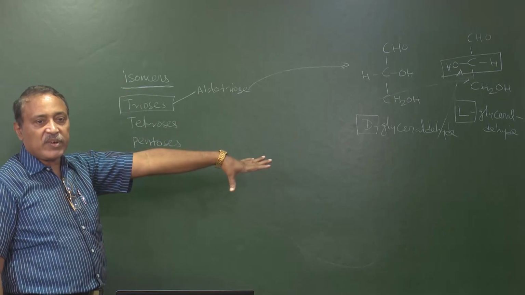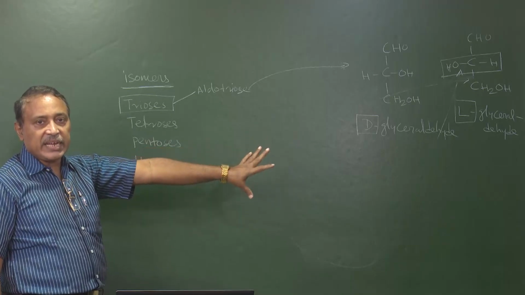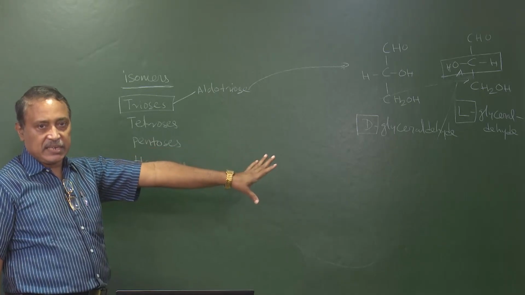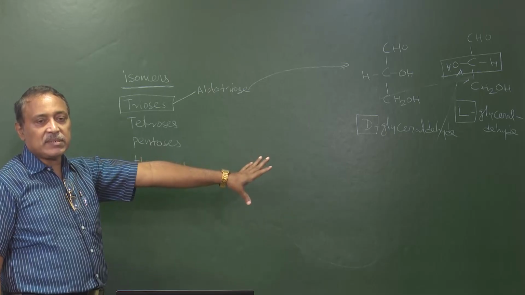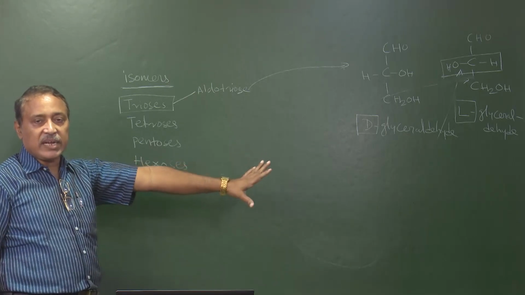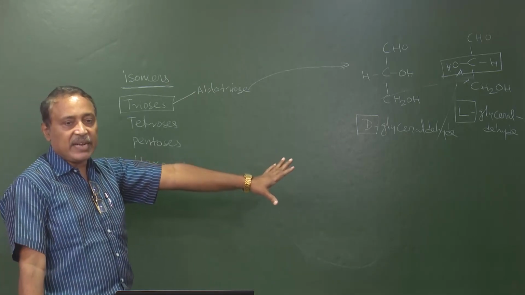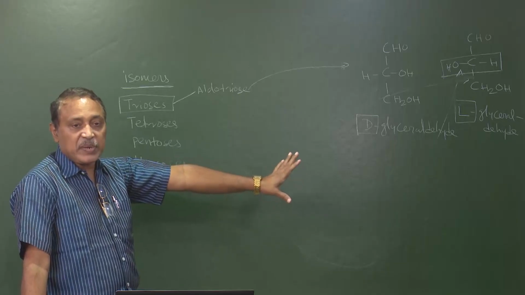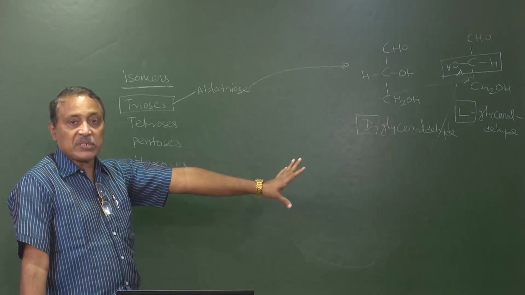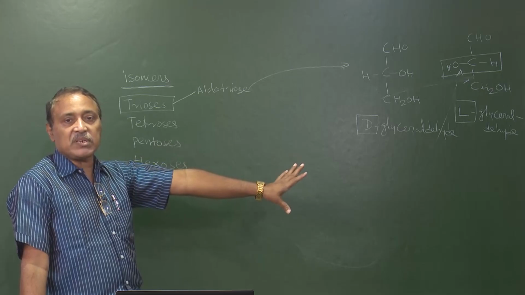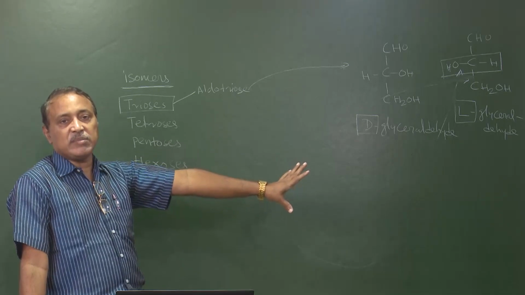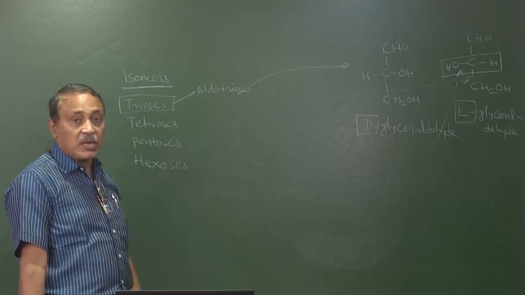So now whenever I say D, take it that I am speaking about capital D, and when I speak about L-glyceraldehyde, always take it that I am speaking about capital L, meaning the configuration around the farthest asymmetric carbon atom. That is what I am speaking of, not the optical rotation.